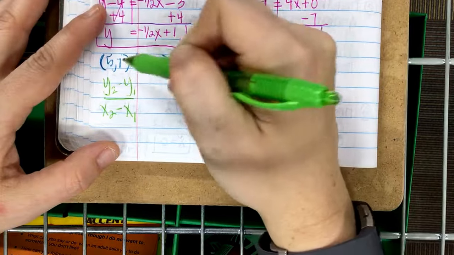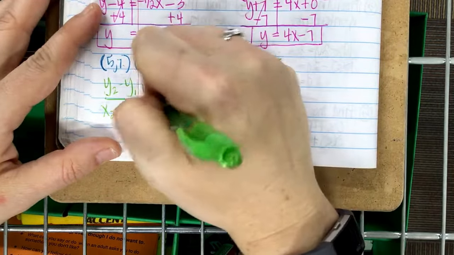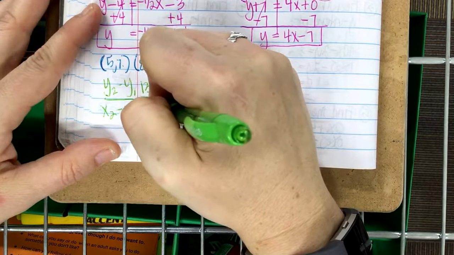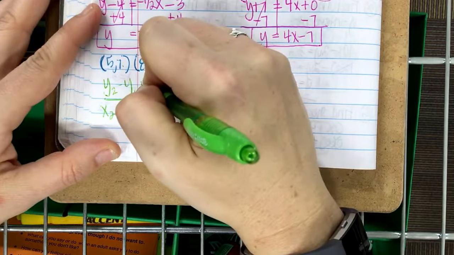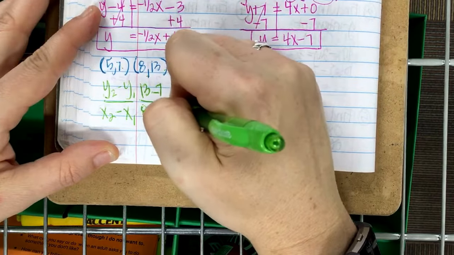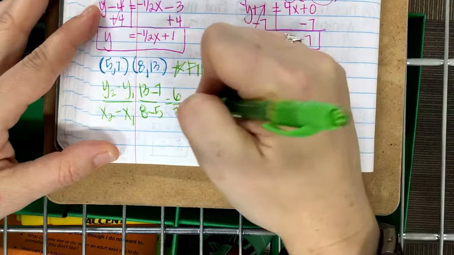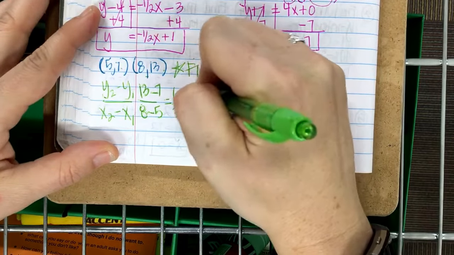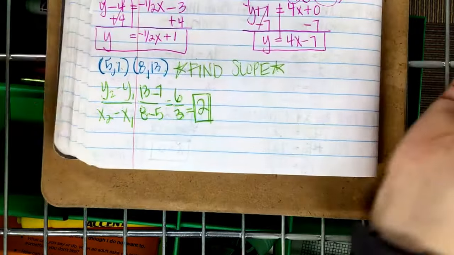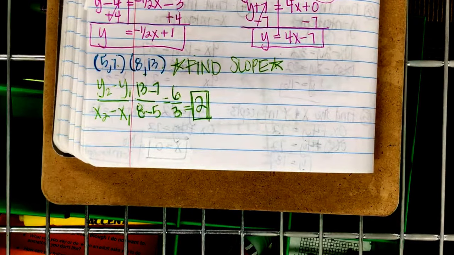Some of you are going to do 13 minus 7, 8 minus 5. I'm going to do 13 minus 7, 8 minus 5, which equals 6 over 3. Yes? Which equals what? 2 over 1, which is 2. Positive 2.